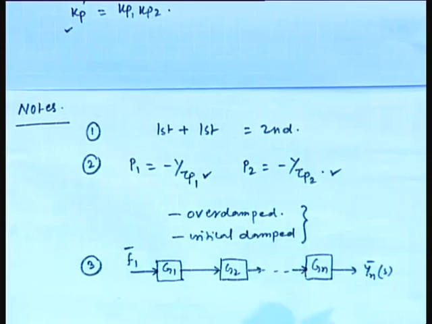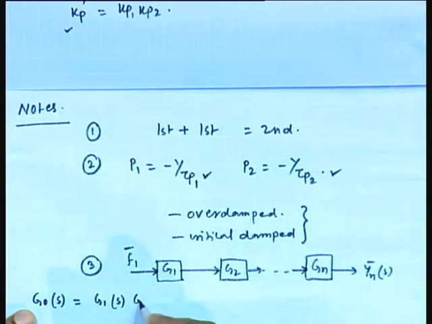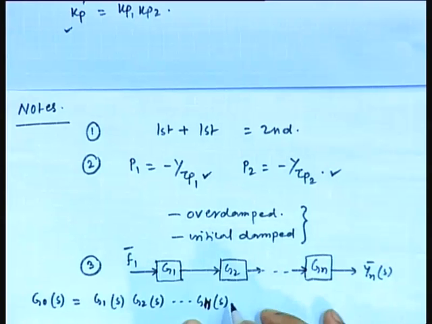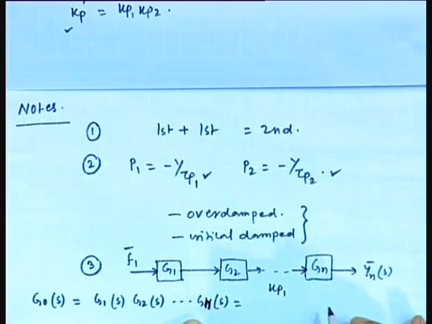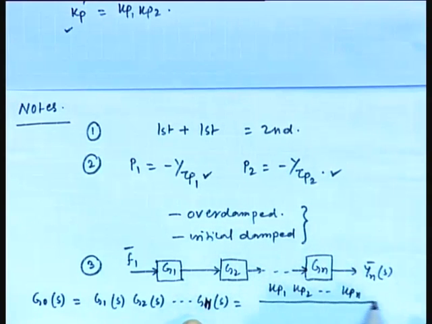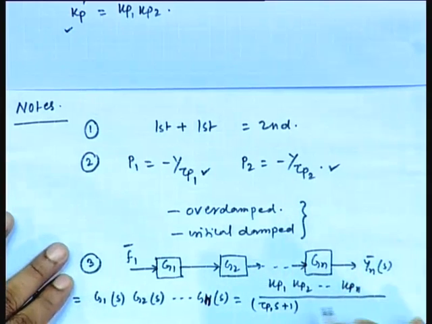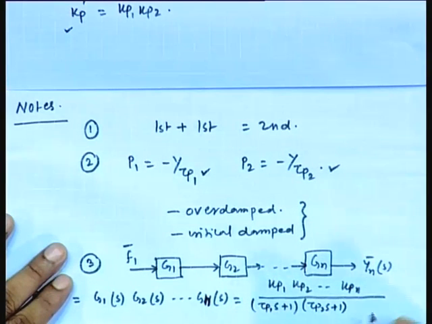So, overall we can write G naught(s) equals G1(s) G2(s) ... Gn(s) equals Kp1 Kp2 ... Kpn divided by tau p1 s plus 1, tau p2 s plus 1, like this tau pn s plus 1.